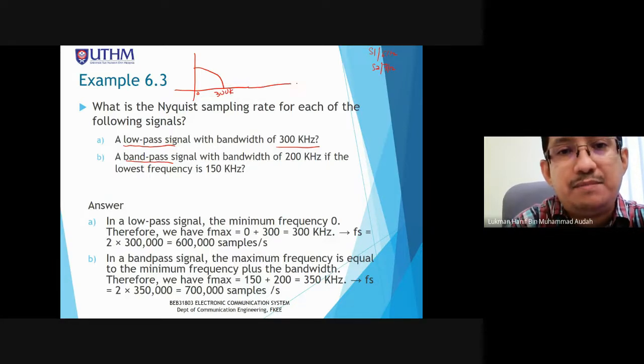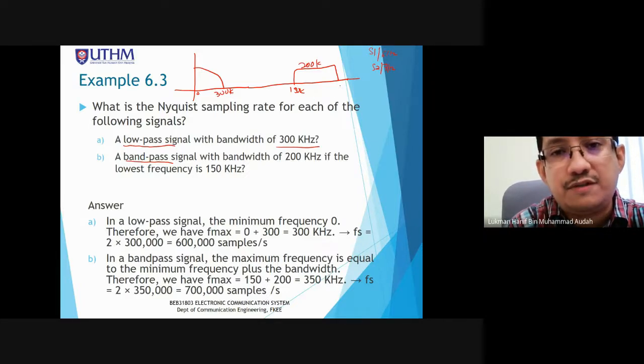And regarding the band pass signal, usually it is a high frequency signal, starting from 150 K, and it is said that the bandwidth is 200 kilo. Therefore, the highest frequency is 150 plus 200, so this is 350 kilohertz.